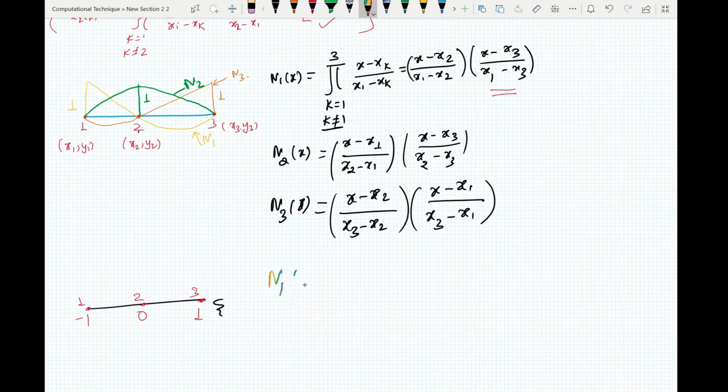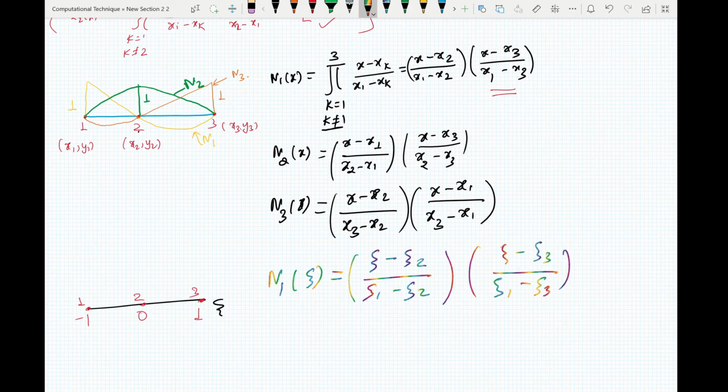So you can have n1 as a function of xi, so you can write it directly now: (xi minus xi2) by (xi1 minus xi2), and then we have (xi minus xi3) divided by (xi1 minus xi3).